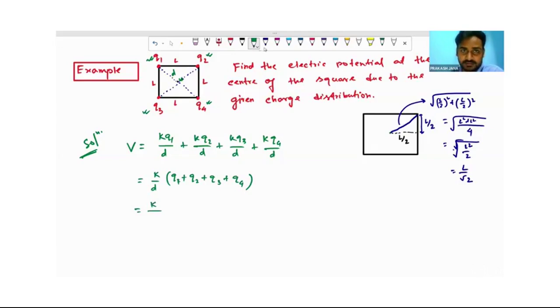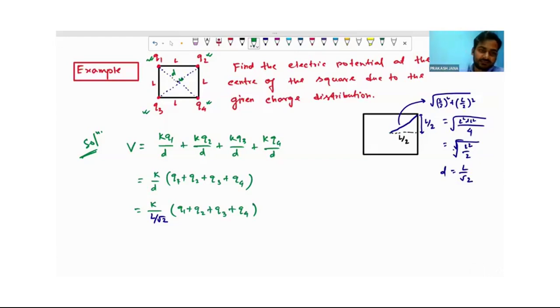Now let me put the value of D, as D is nothing but L by root 2. So it is K by L by root 2 times Q1 plus Q2 plus Q3 plus Q4.